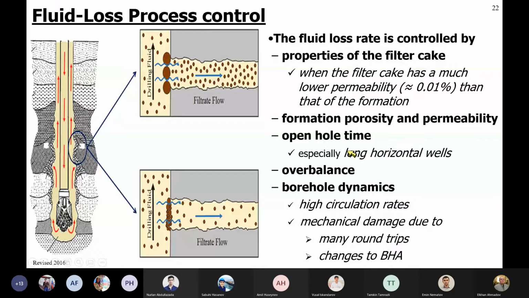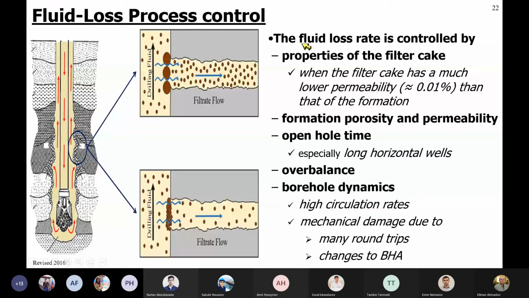Yes, it's okay. So last time we talked about the importance of fluid loss. It means the drilling fluid lost into the formation. What is bad about that?